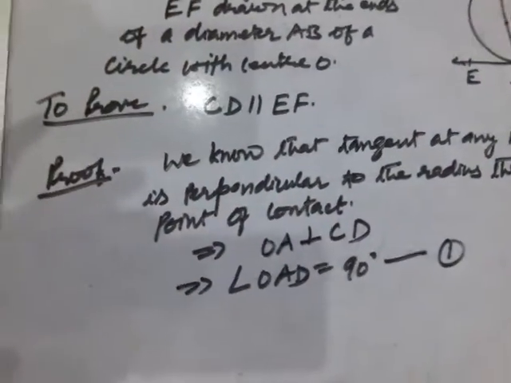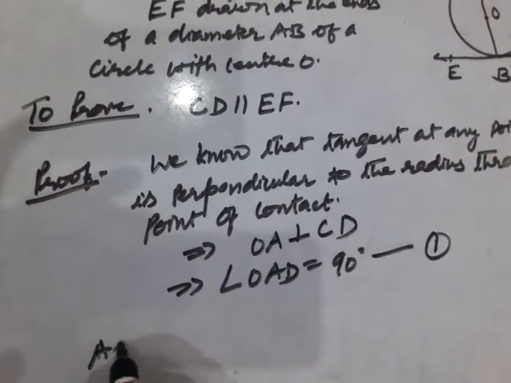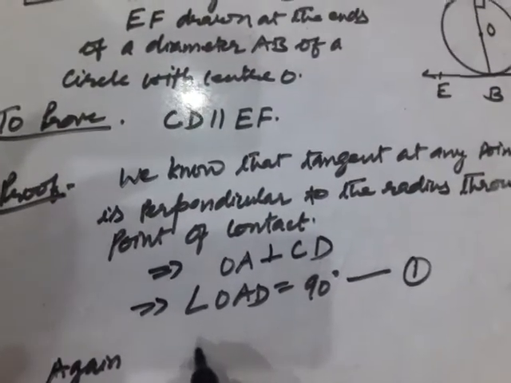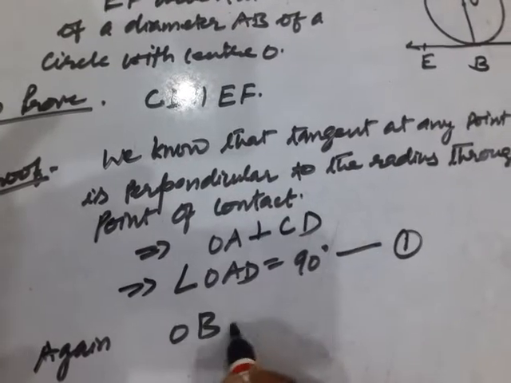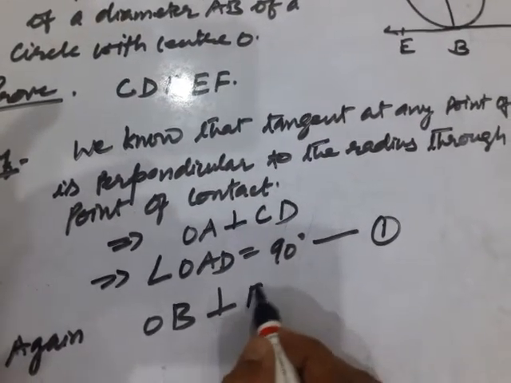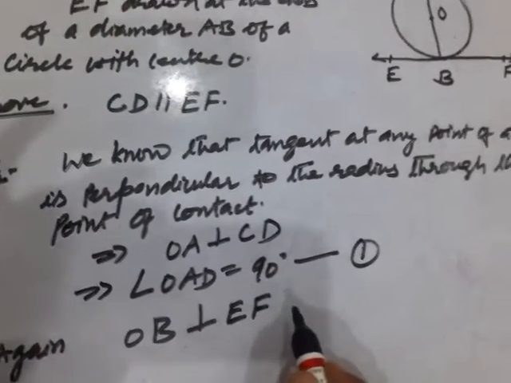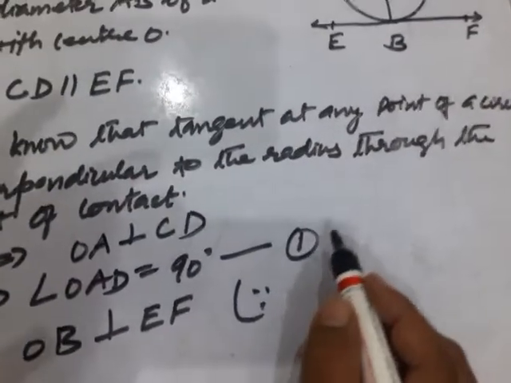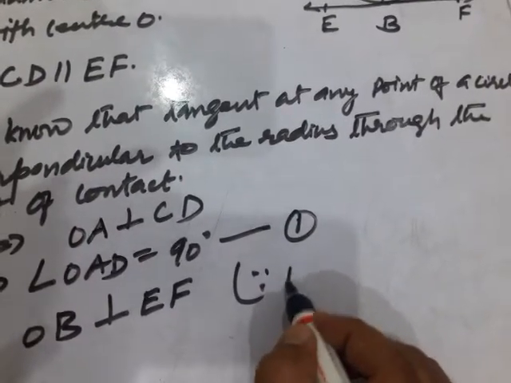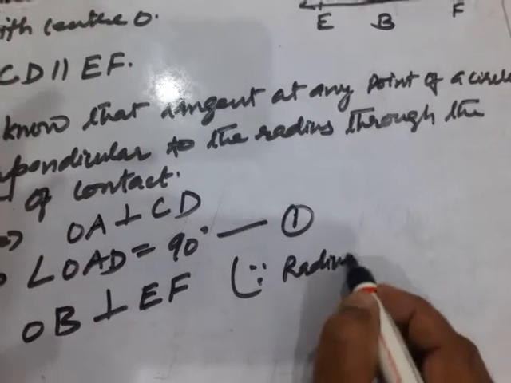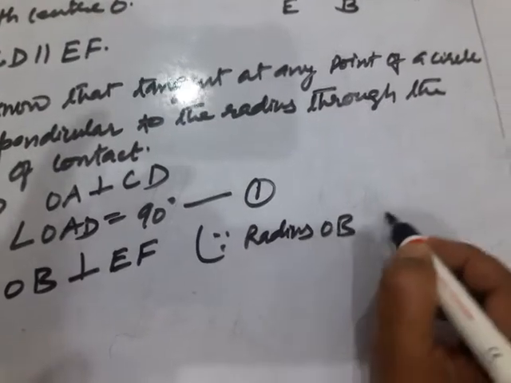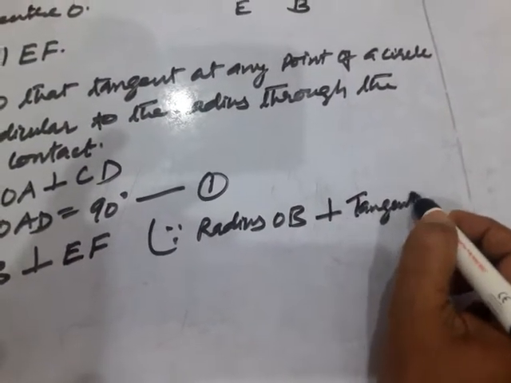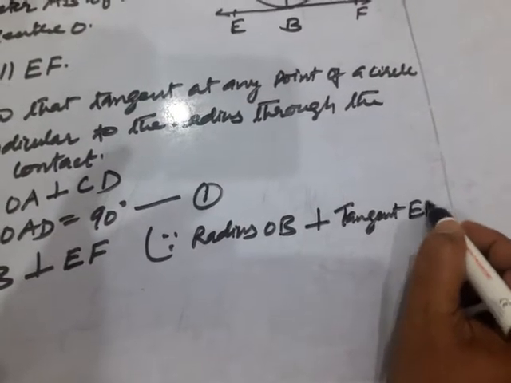Okay, children. Now again, see, OB is perpendicular to EF, because, since you can write down the same thing, this radius OB is perpendicular to tangent EF.